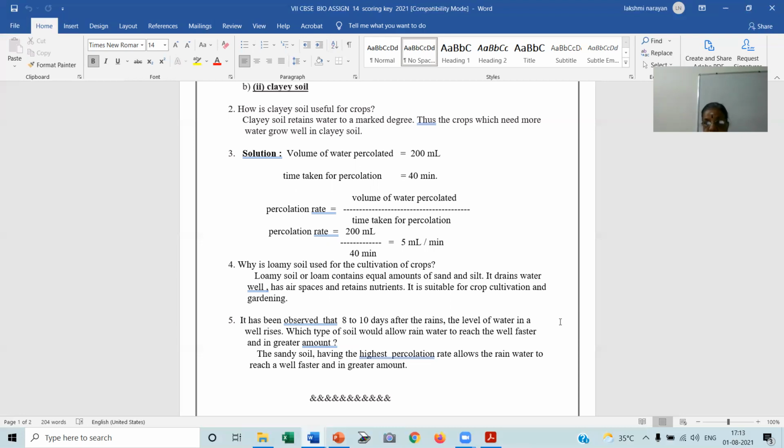Formula: percolation rate is equal to volume of water percolated by time taken for percolation. Question 4, why is loamy soil used for cultivation of crops? Read the answer for the 4th question.